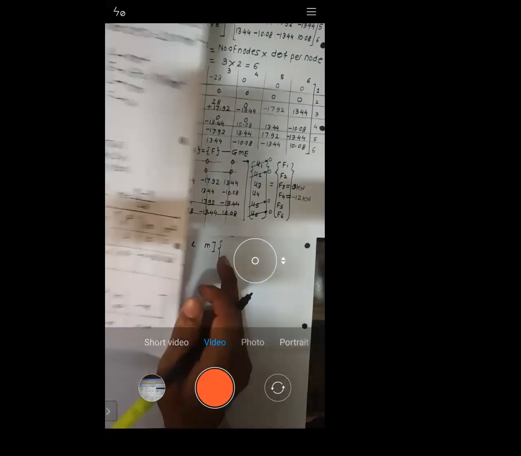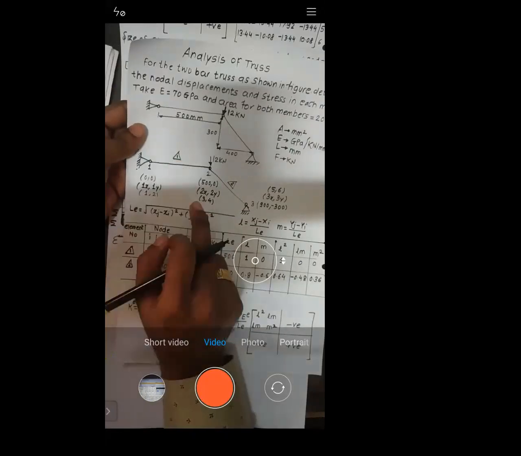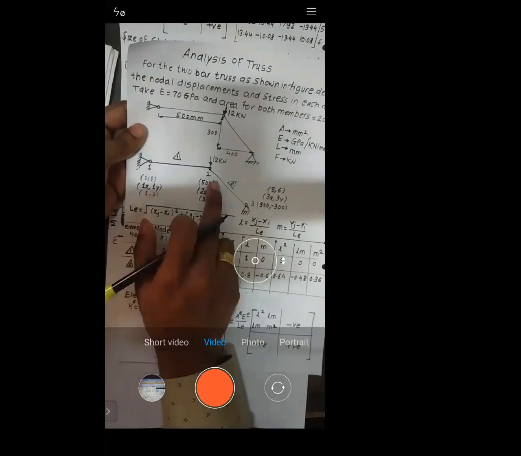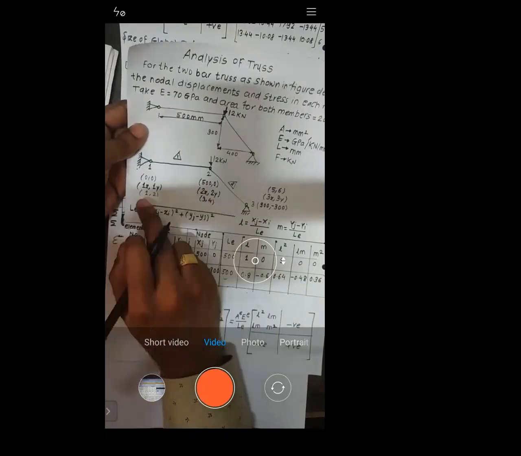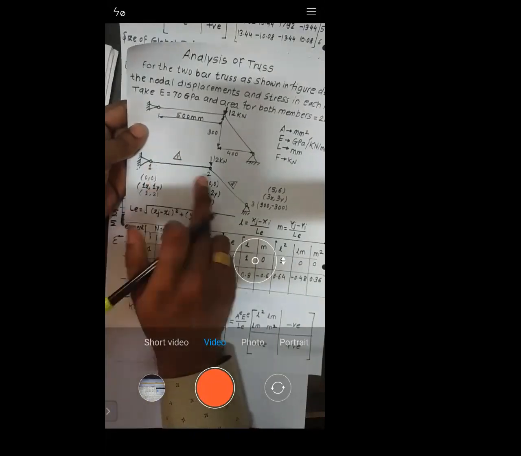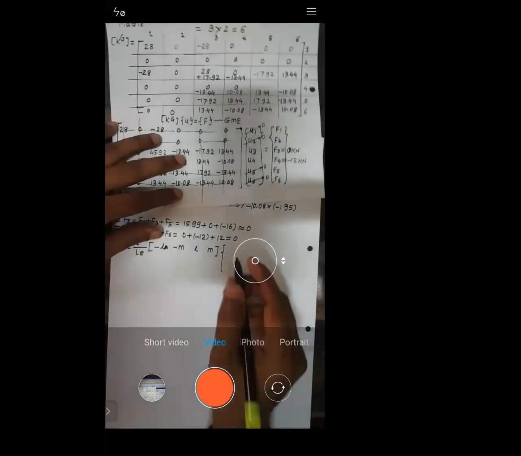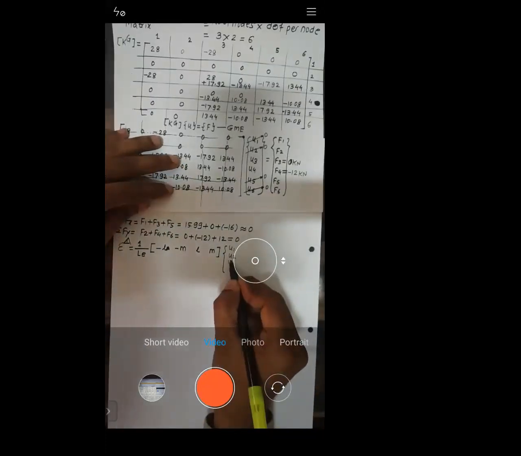Now see here, element number 1 will have two nodes, 1 and 2. And each node will have 2 degrees of freedom, that is 1, 2 and 3, 4. Every element will have 2 nodes, and each node will have 2 degrees of freedom. So here I need to write it as U1, U2, U3 and U4.